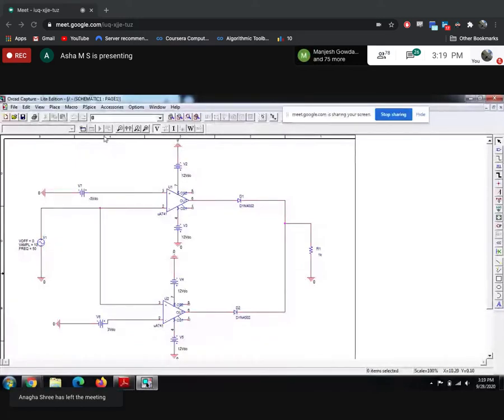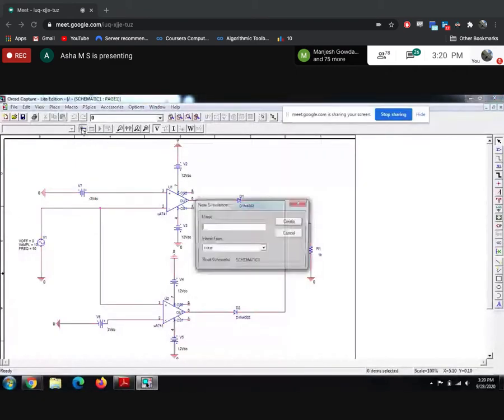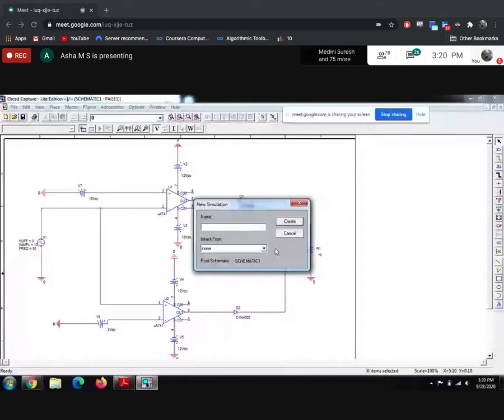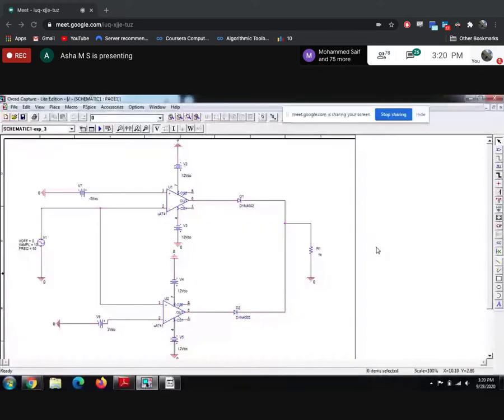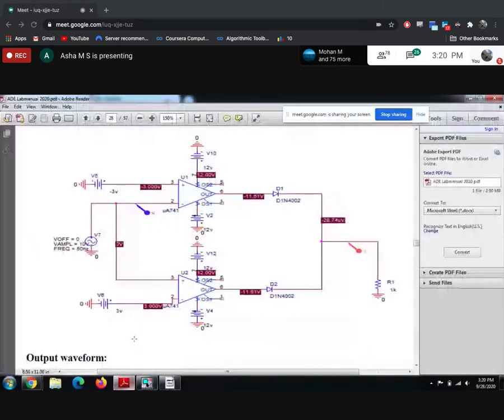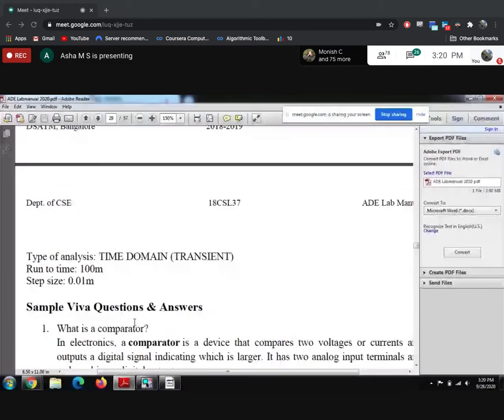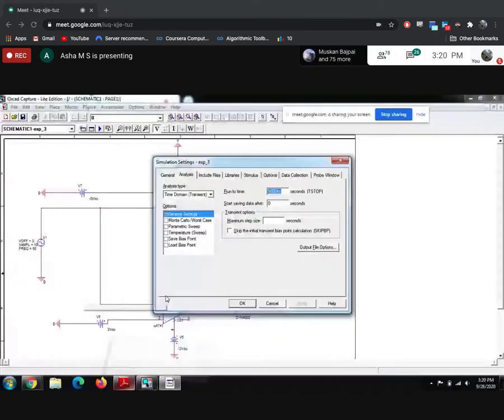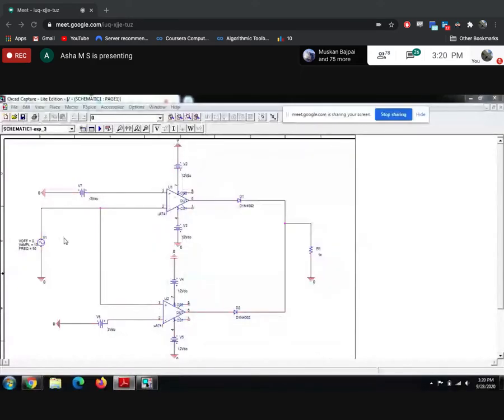Now Control S, save the circuit, create the simulation. Now I got the simulation setting window. The run to time is 100 milliseconds.